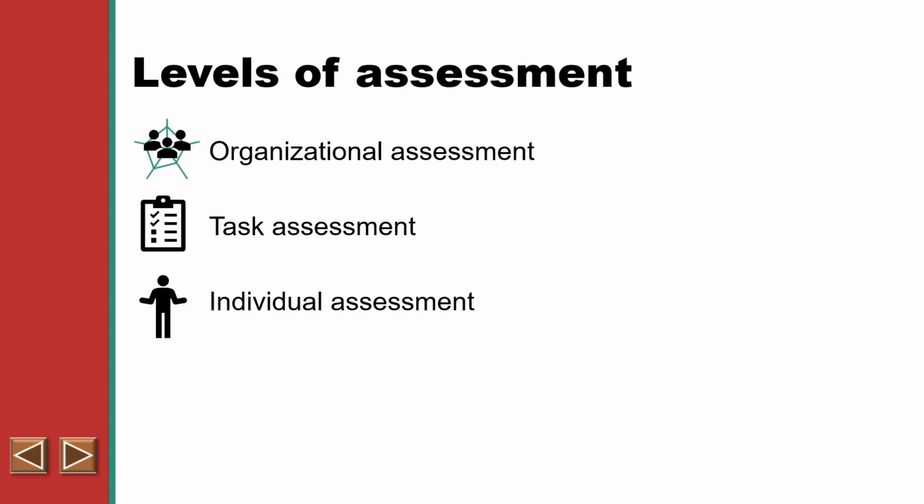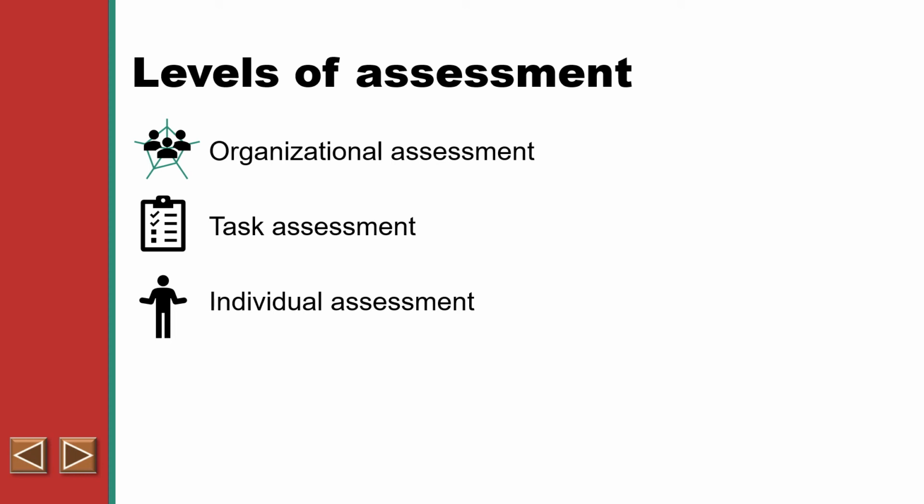So the levels of assessment are organizational assessment. This is focusing on the knowledge and skills that employees will need in the future, reviewing organizational mission, goals, priorities, survey data, and looking at organizational projections for the future. Task assessment is another word for a job analysis.